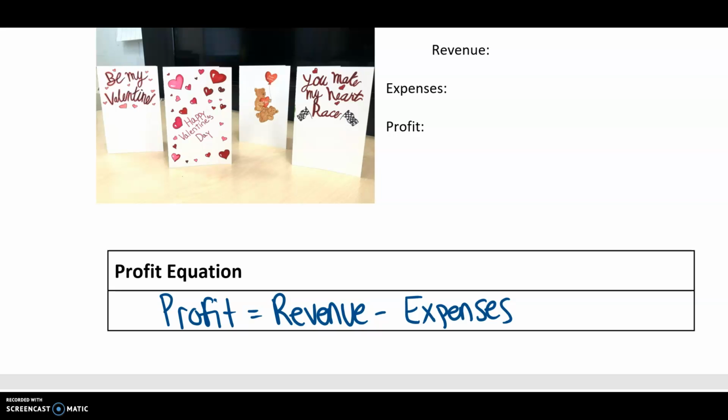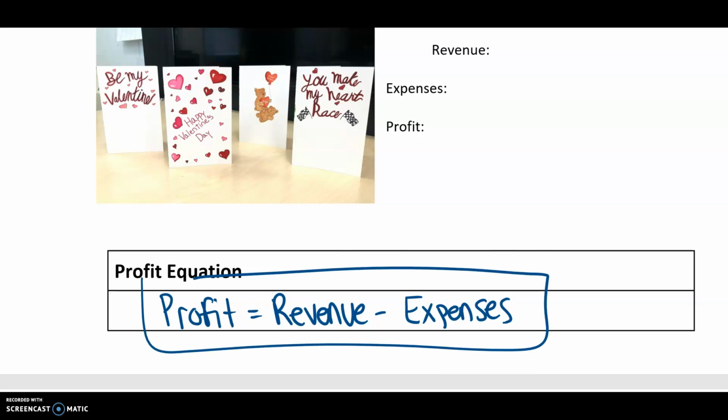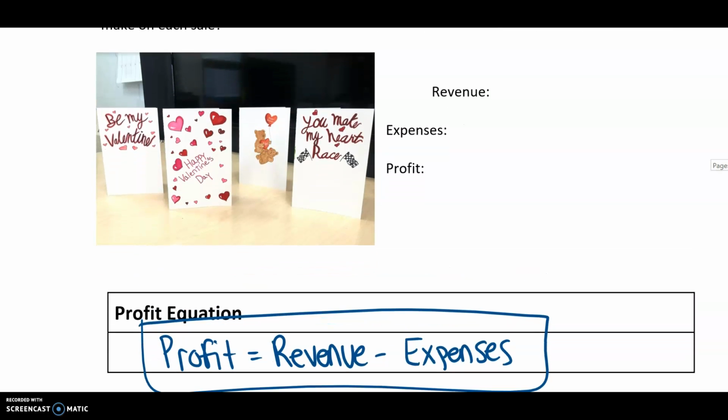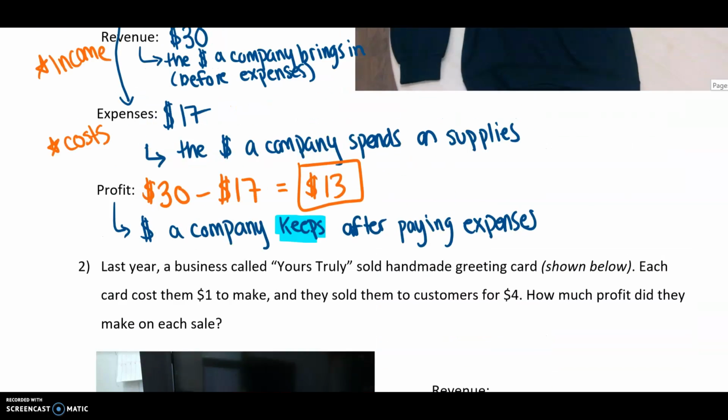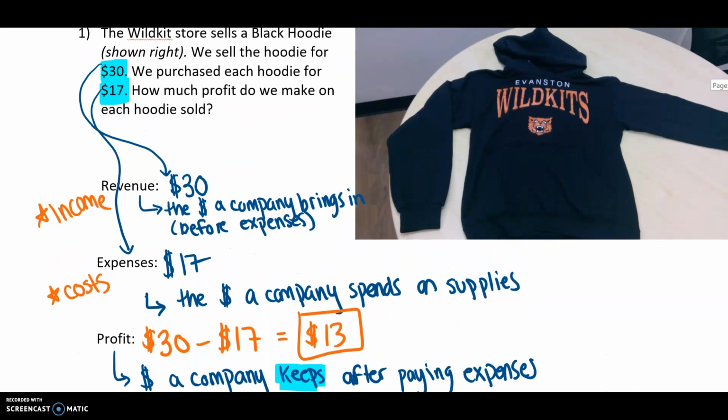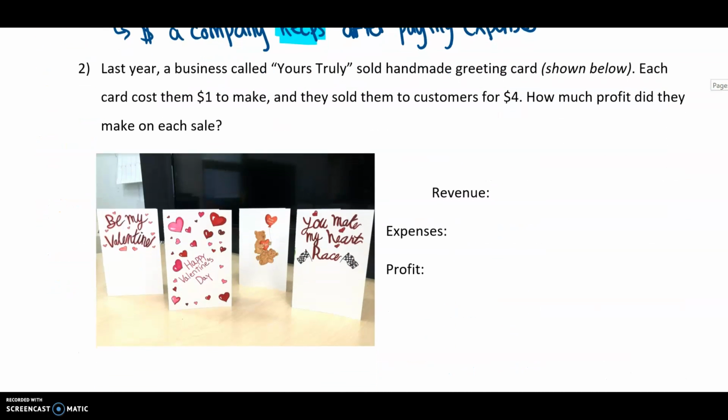Okay. Or you take your income and you subtract what you had to pay for it. That's profit. Please make sure you have all of this written down, including the example, because again, this is the whole basis of our classes. How do you make profit? That's what a business wants to do, right? Make sure you ask any questions if you have it.